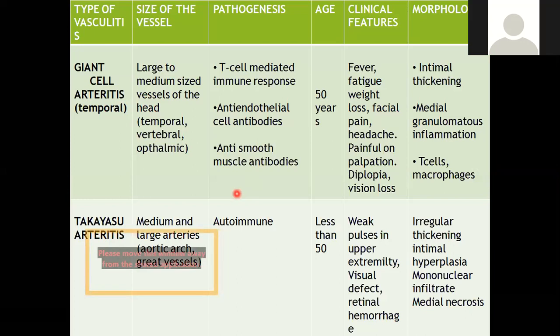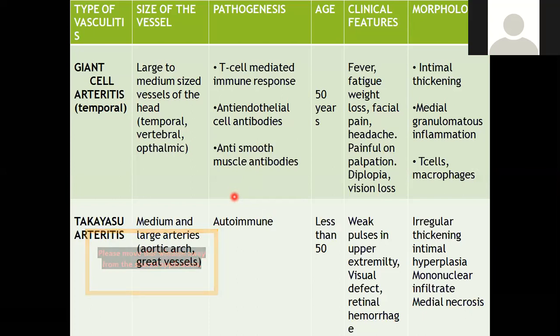Okay, so now with the background of the classification of vasculitis, that is large vessel vasculitis, medium vessel vasculitis, and small vessel vasculitis, you know the pathogenesis of vasculitis: it can be immune complex mediated, ANCA associated, or due to anti-endothelial antibodies, right?